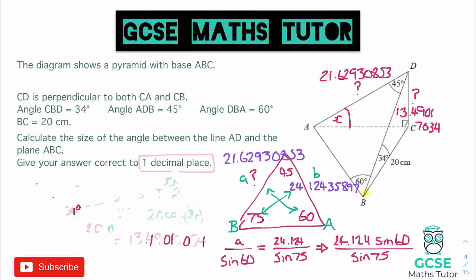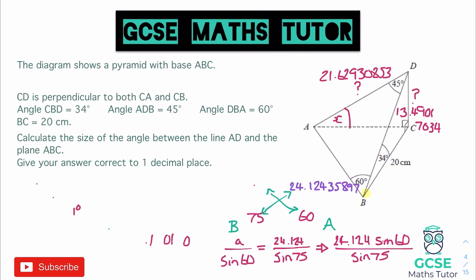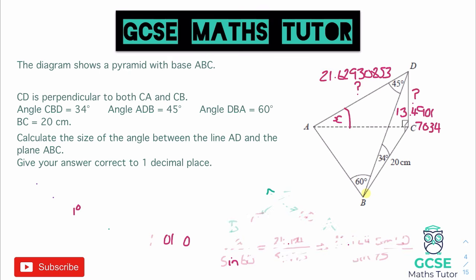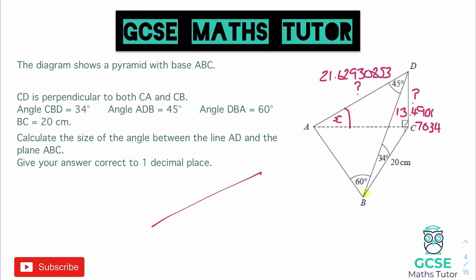So to finish this off, we are now looking for the angle between AD and the base. And to get that, all we need to do is use SOHCAHTOA, obviously looking for an angle. So we're going to use the inverse of sin, cos or tan, and then we get the angle with that. So the triangle on the side, which we can visualize just like this, it has a hypotenuse length of 21.629. It's got a height of 13.490, and we are working out this angle.